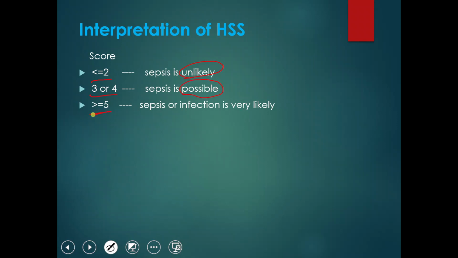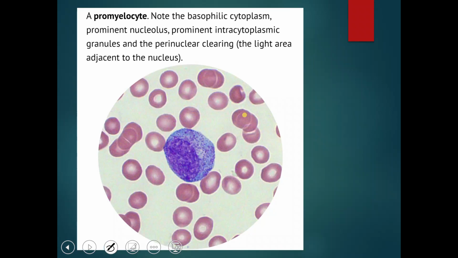And if the score is more than or equal to 5, then the chances of sepsis or infection are very high, and so we should report it as sepsis or infection is very likely. So there is a minimum score of 1 and maximum score of 8 according to the abnormalities which we just saw in our previous slide.